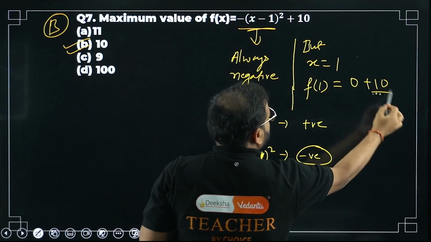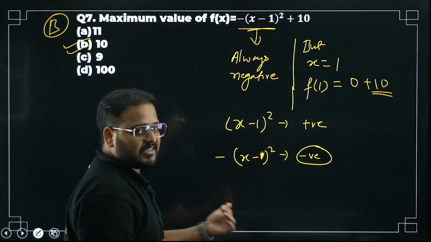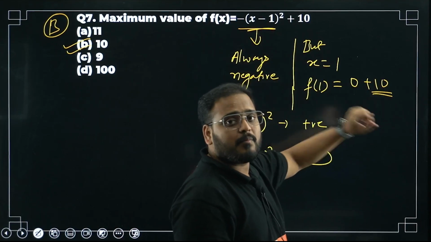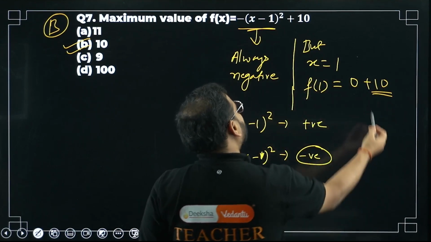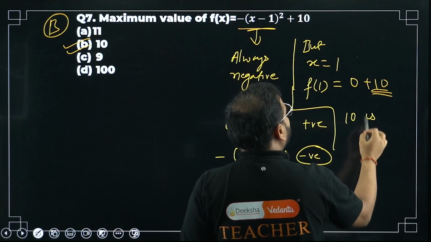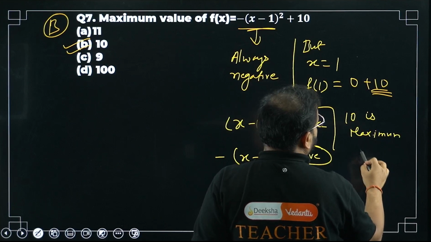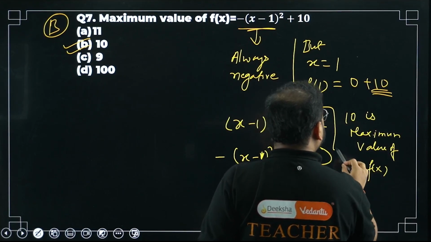So this is the highest positive value or not? In every other case of x, this will be a negative value, meaning you have to subtract something from the 10. But when x equals 1, I'm getting f(x) as 10. Isn't that the largest value possible? That's why 10 is the maximum value of the function f(x).